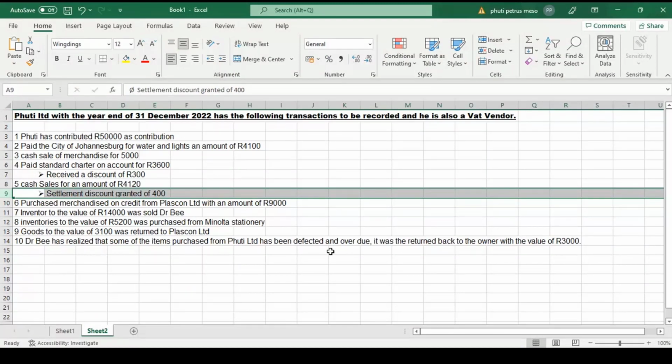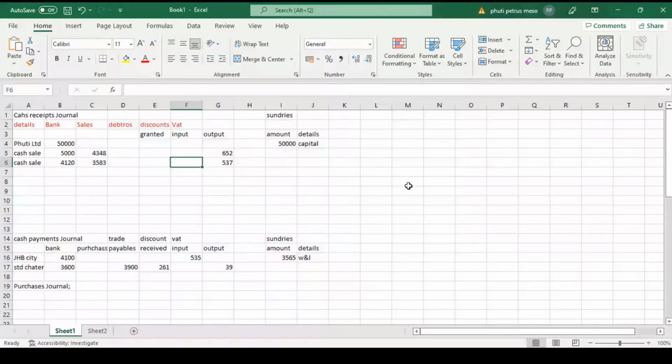It's easy. You just say 400 multiplied by 15 divided by 115. It's now going to switch to an input, with an amount of how much? 52 rand.